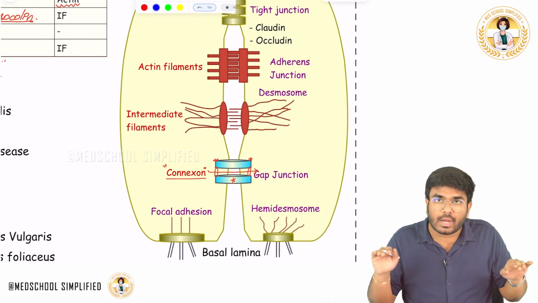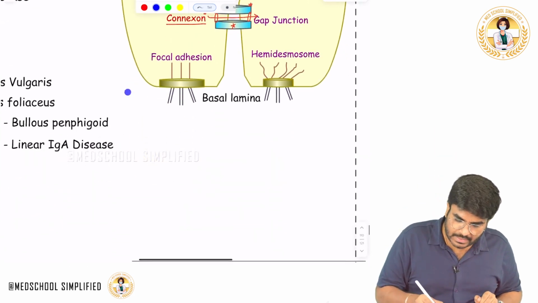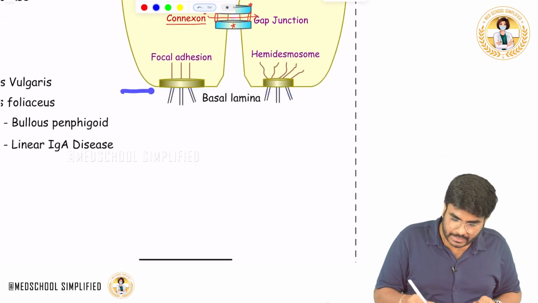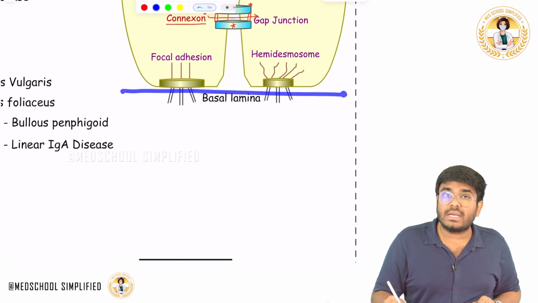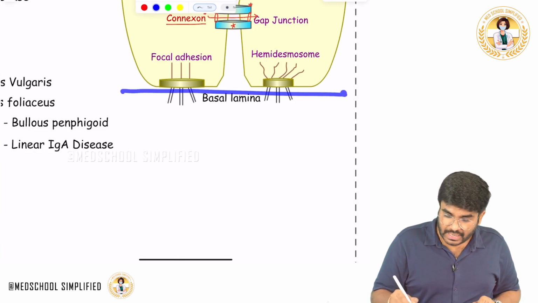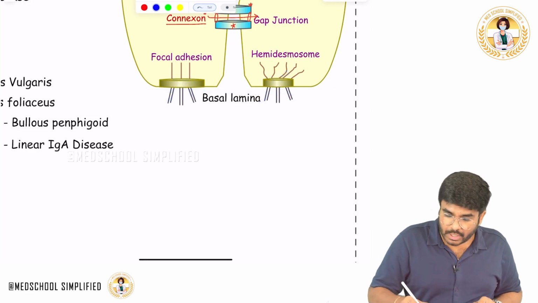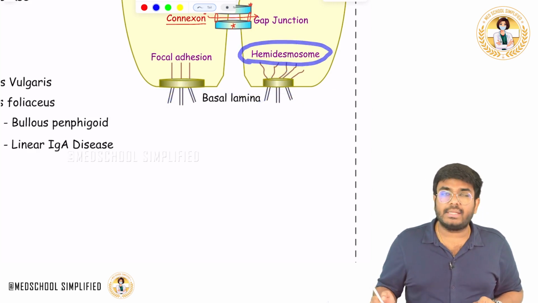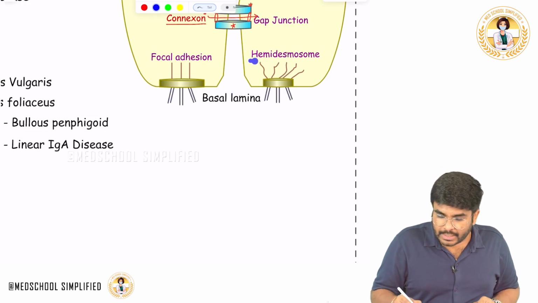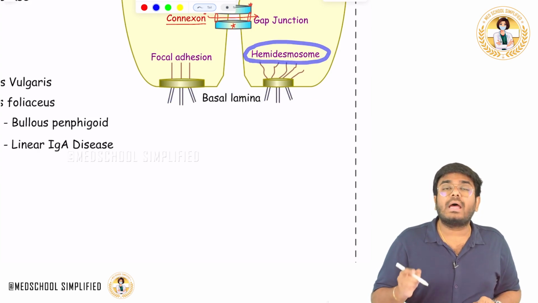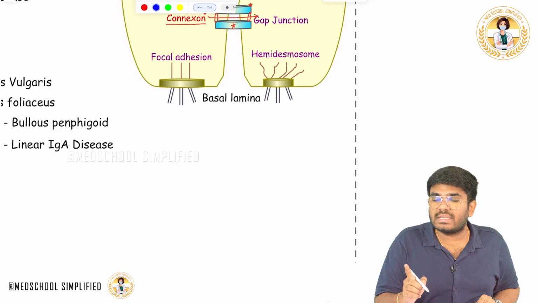They are lying on a basement membrane. Let's say here is a basal lamina or basement membrane. There are certain adhesion molecules which attach the cell with the basement membrane. Such adhesion molecules are called hemidesmosomes. So again, important: hemidesmosomes do not attach one cell with the other cell.